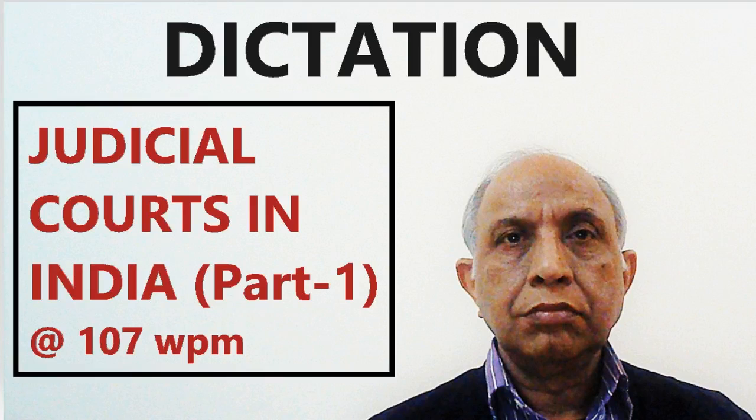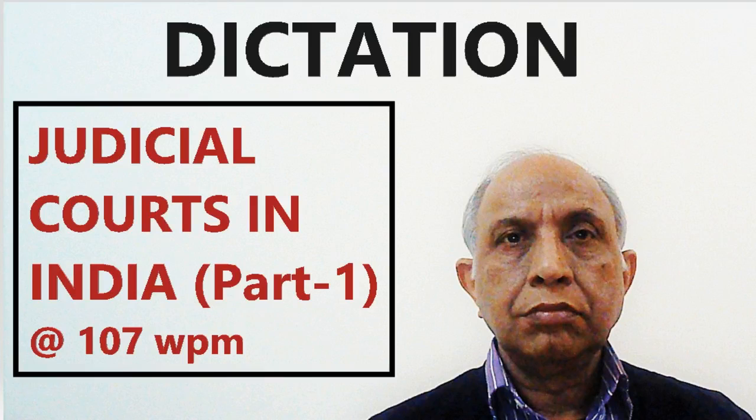The district court has appellate jurisdiction over all subordinate courts situated in the district on both civil and criminal matters. Subordinate courts on the civil side in ascending order are Junior Civil Judge Court, Principal Junior Civil Judge Court, Senior Civil Judge Court, also called Sub-Court.